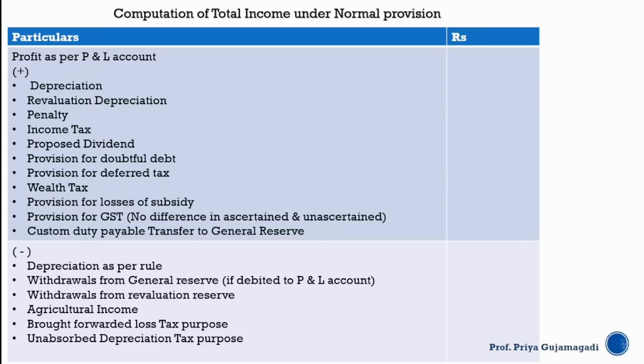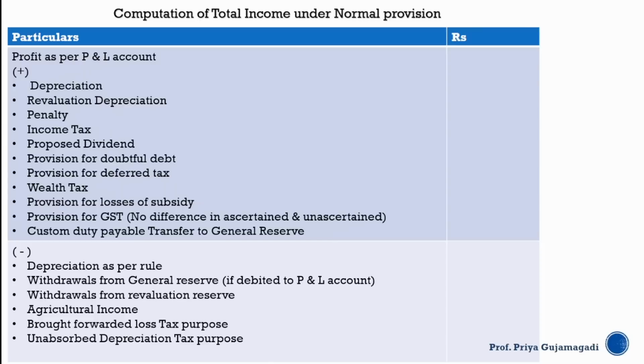Next, agricultural income. If agricultural income is already credited to P&L account, then we have to minus it. And these last two concepts are very important. One is brought forward loss and one is unabsorbed depreciation. On this, we are going to get a tax deduction.